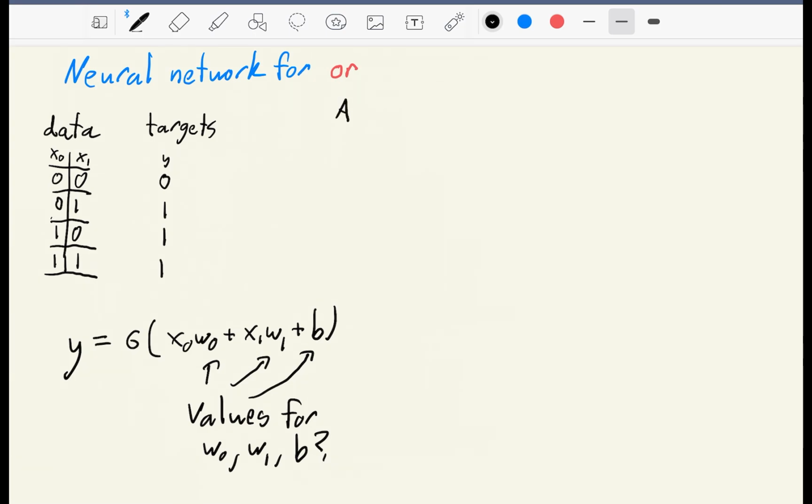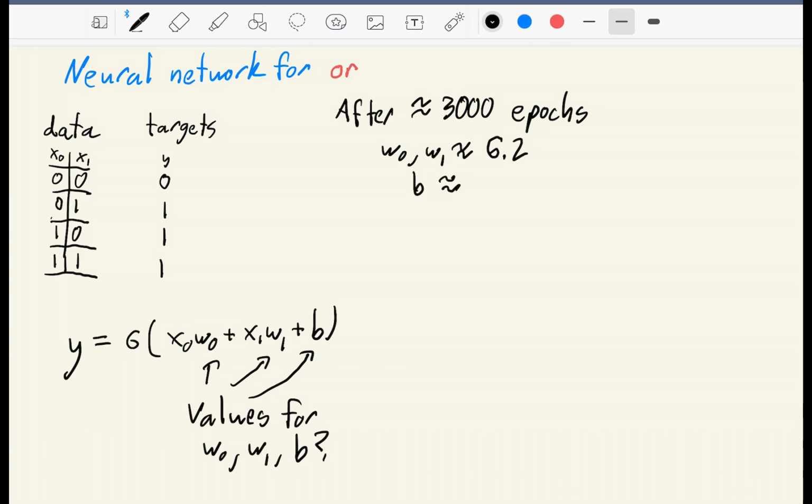So in the previous video, we found that after something like 3,000 epochs, so after 3,000 optimization steps, W0 and W1 were approximately 6.2. And we found that the bias, B, was approximately negative 2.6.